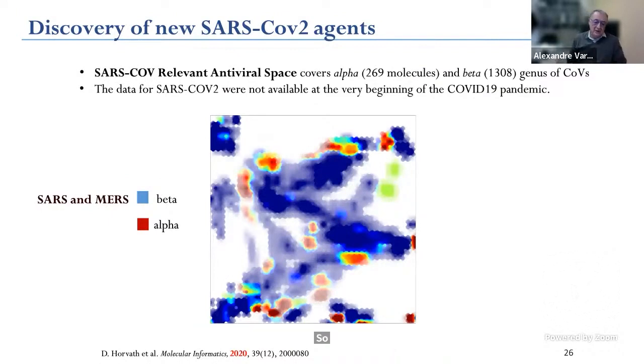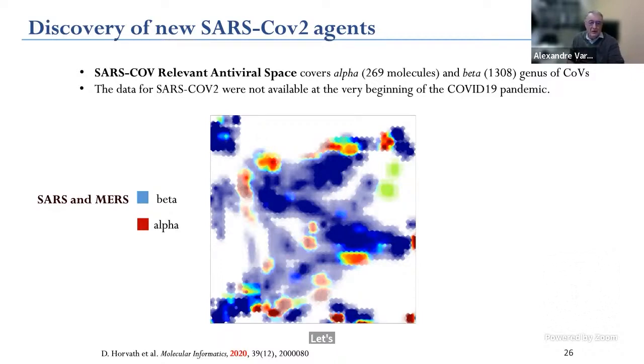So I would like to show just one example. This study was actually initiated at the very beginning of the COVID pandemic, when no data, no biological tests against the SARS-CoV-2 virus were available. So we used data available for SARS-CoV-1. This virus has been more or less well studied.